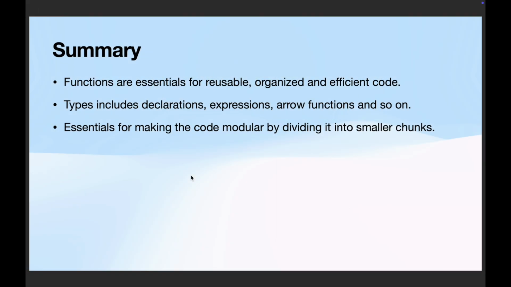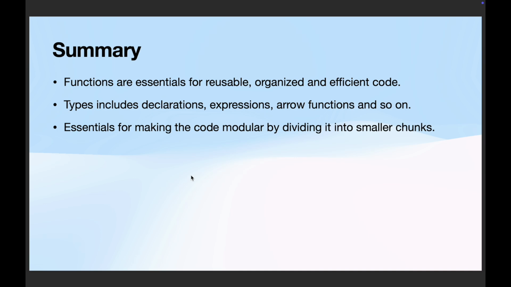Now let's summarize this topic of JavaScript functions. What we have learned in this video is that functions are essential for reusable, organized and efficient code. These are reusable blocks of code that we can use. Types of functions include function declarations, function expressions, arrow functions, immediately invoked function expressions, anonymous functions and so on.